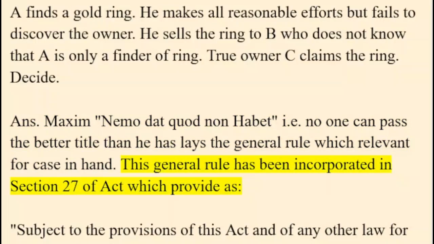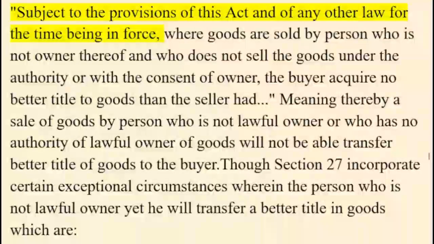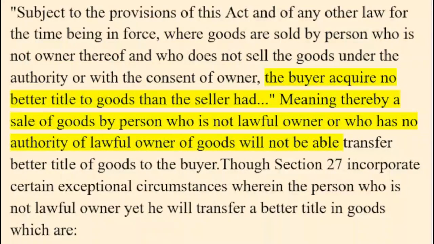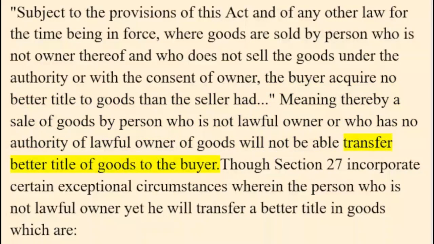This general rule has been incorporated in Section 27 of the Act, which provides as follows: subject to the provisions of this Act and of any other law for the time being in force, where goods are sold by a person who is not the owner thereof and who does not sell the goods under the authority or with the consent of the owner, the buyer acquires no better title to the goods than the seller had, meaning thereby a sale of goods by a person who is not the lawful owner or who has no authority of the lawful owner of goods will not be able to transfer a better title of goods to the buyer.